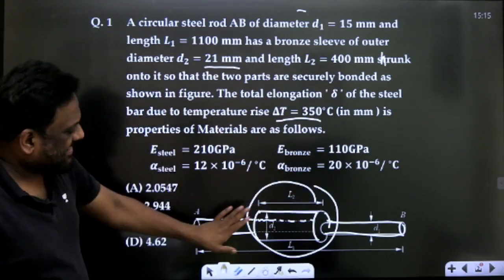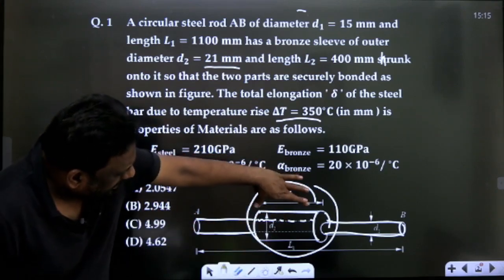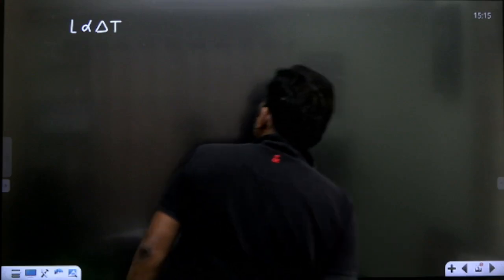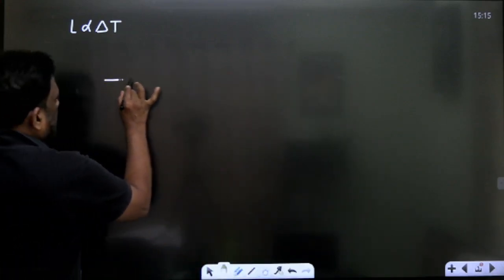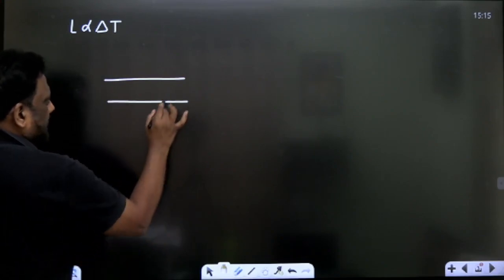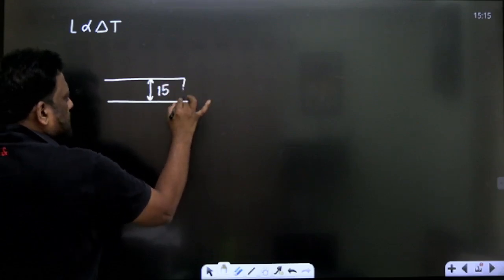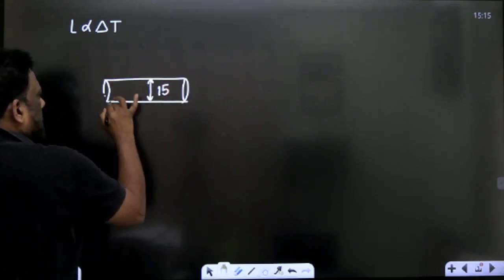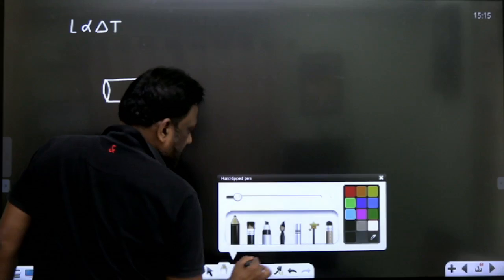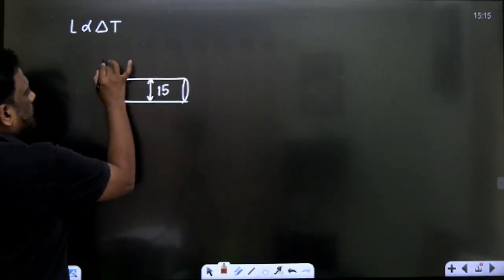Okay. So let's take this portion, the composite section. So the length is 400 and let me show you the composite portion. This is the steel and over steel, and this diameter is 15 mm, and over this steel there is a bronze.